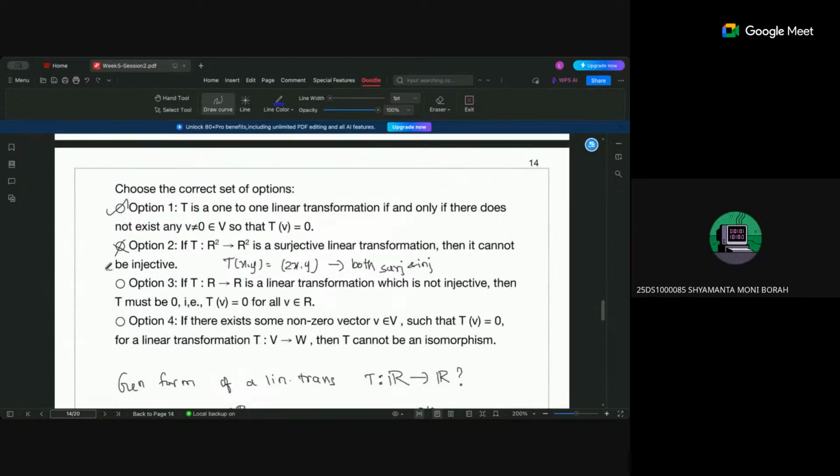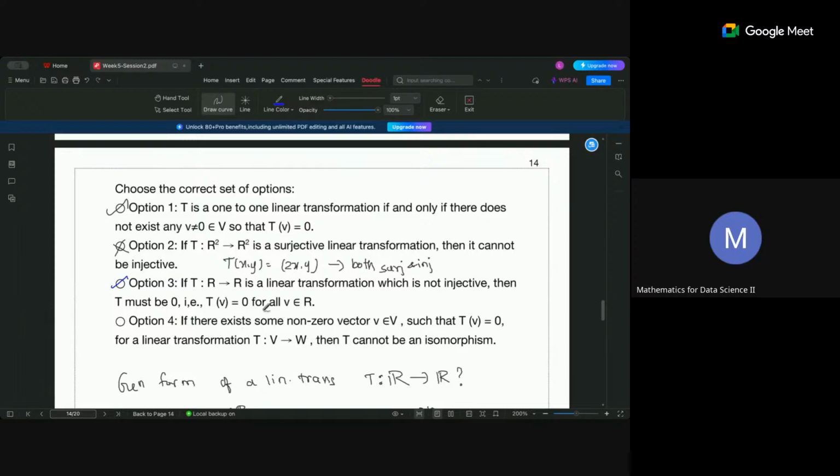You all understand? Clear? Now look at option 4. If there exists some non-zero vector v in V such that T v equal to 0 for a linear transformation T from V to W, then T cannot be an isomorphism.